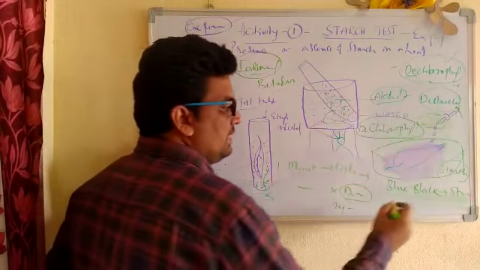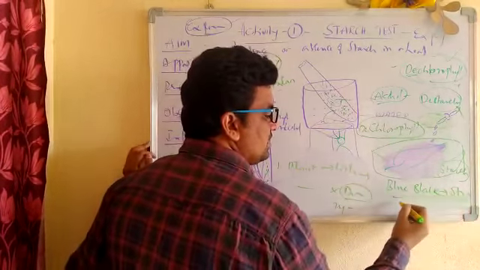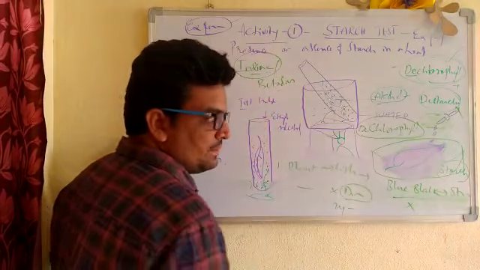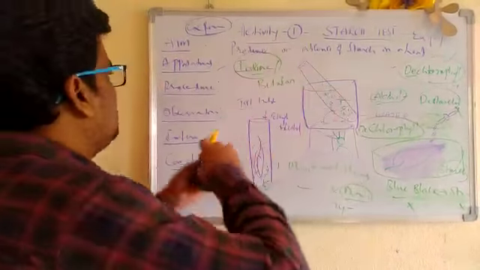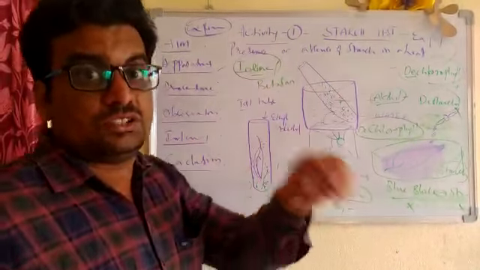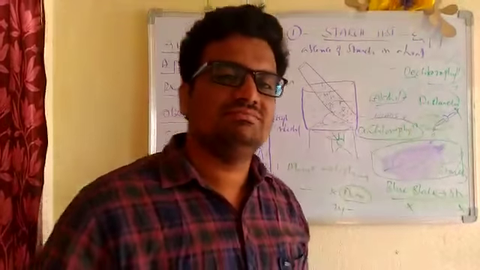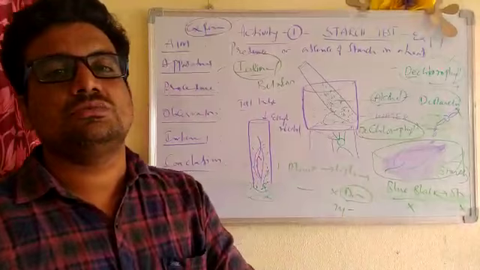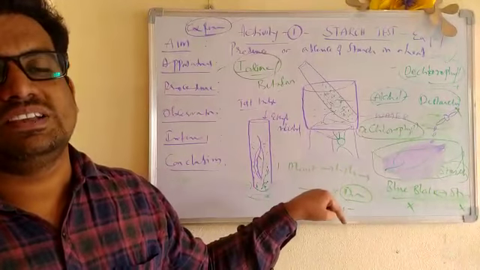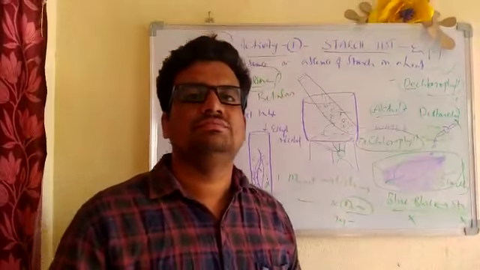Then if you take a leaf and go for the starch test, it will not change into blue black. So starch is absent. By this experiment, two important points we can say: photosynthesis took place and starch is also present. So it helps us understand not only the presence of starch, it also means that photosynthesis took place in this leaf.